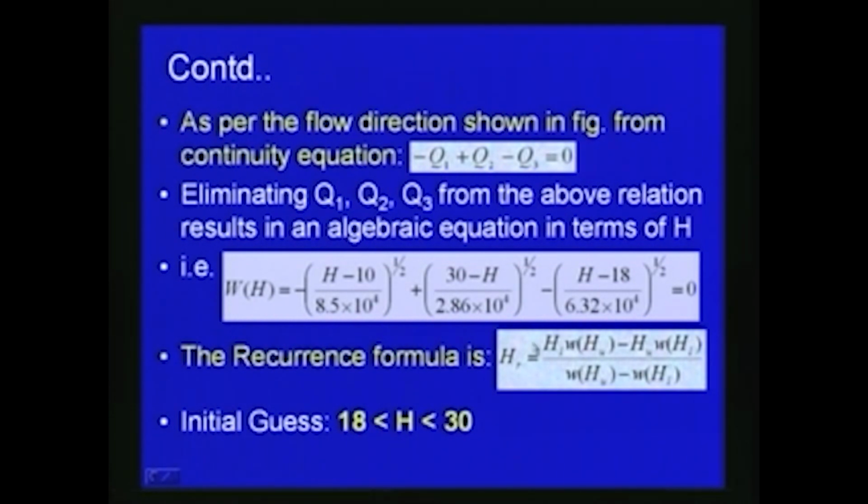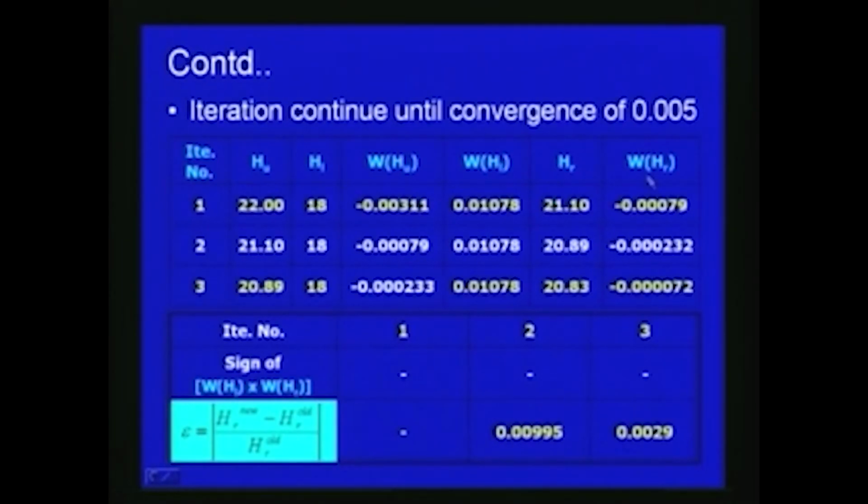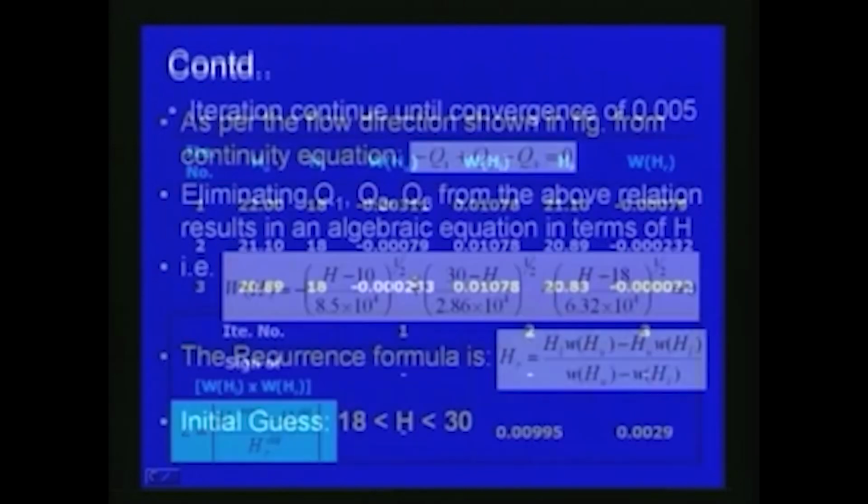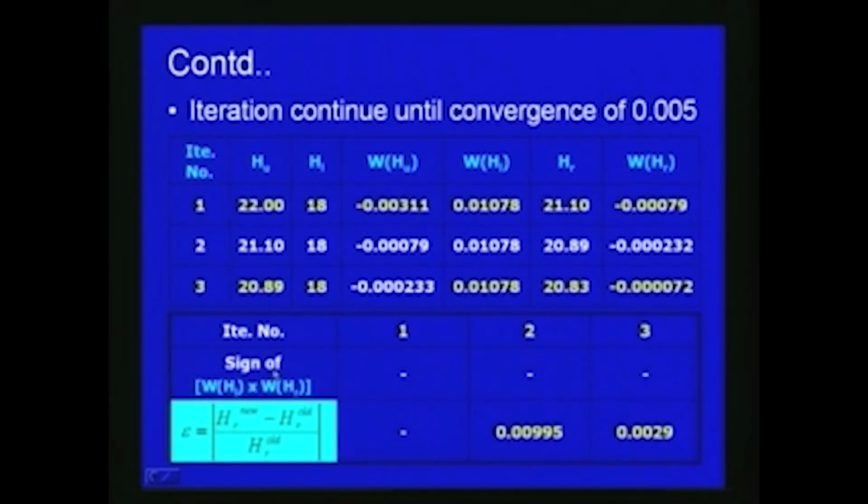Using this equation we get HR, and corresponding to that W(HR), again we find the residue. Then we will see the sign of W(HL) and W(HR), and then the residue epsilon is the modulus of HR new minus HR old divided by HR old.